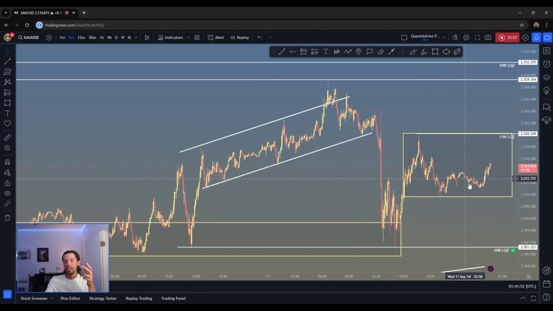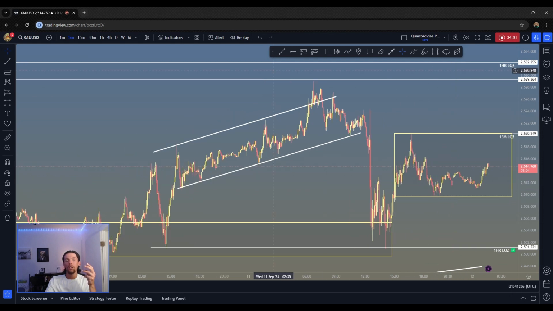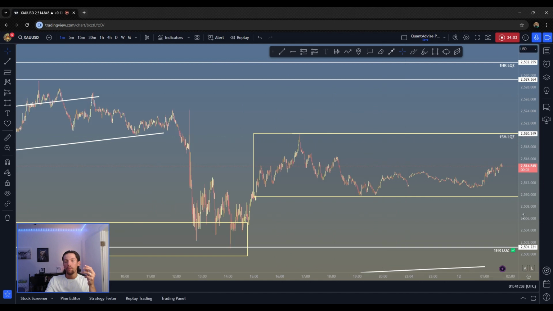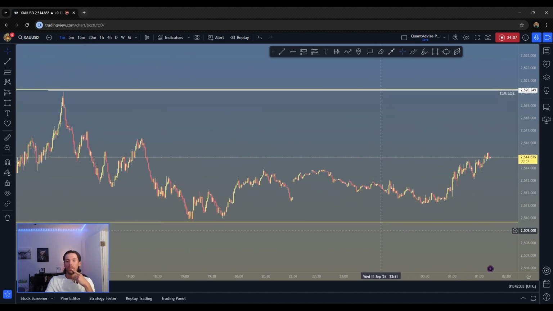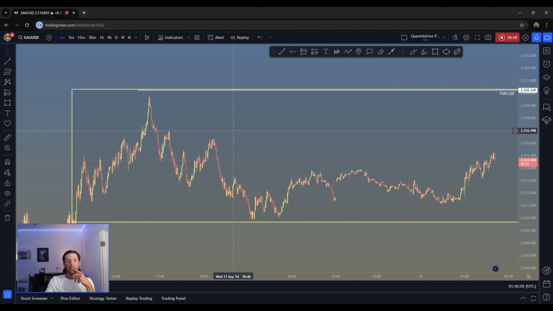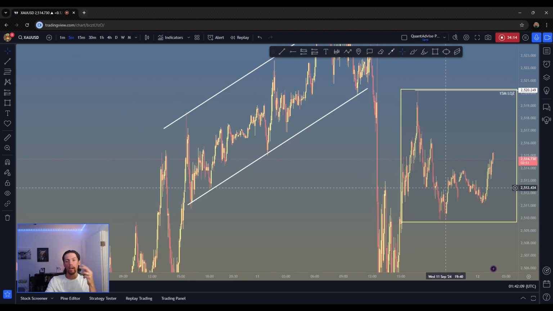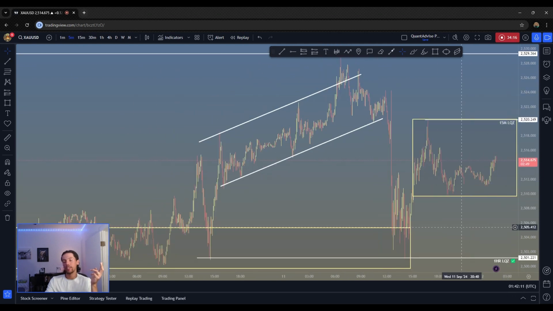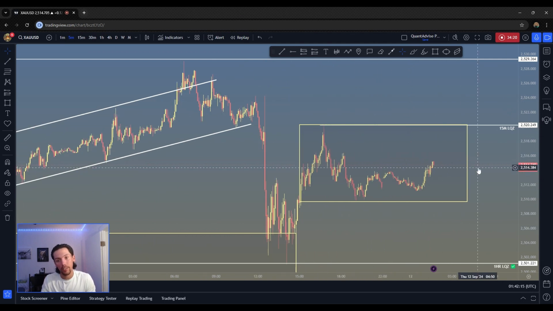Because for me, yeah, it looks like price wants to go higher, but I just can't really build a story in my mind. And look, if you can see it, that's awesome. But I'm just telling you, for me, I'm not really quite sure where it wants to go.